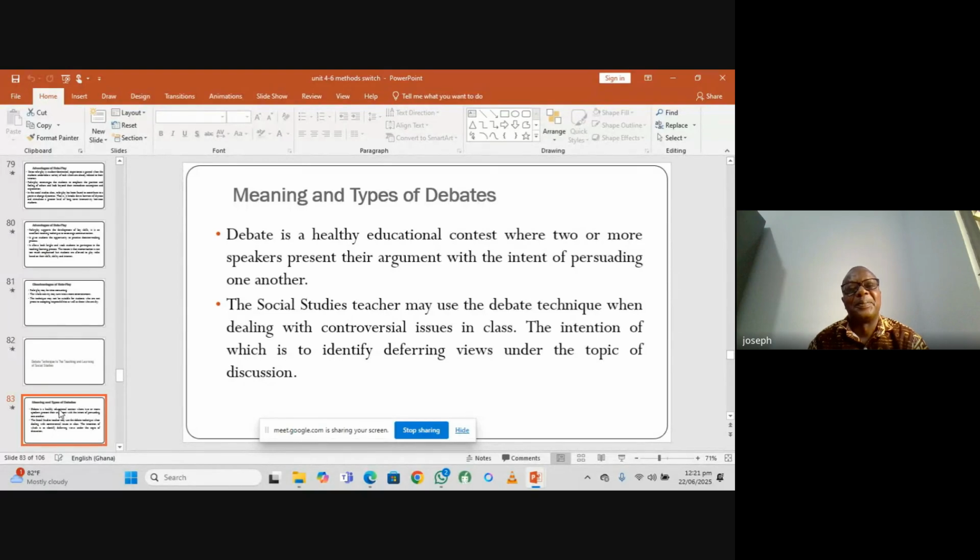So we can continue. Debate as a technique. Debate is a healthy educational contest where two or more speakers present their arguments with the intention of persuading one another. The social studies teacher may use the debate technique when dealing with controversial issues in the classroom, the intention of which is to identify differing views under the topic of discussion.